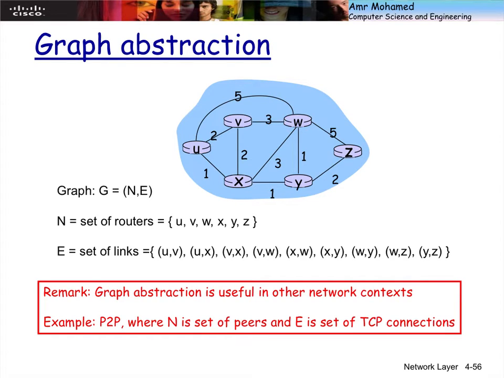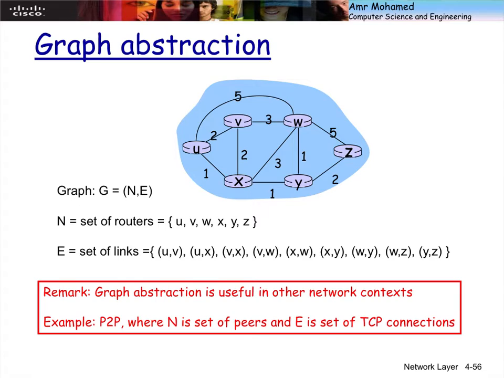So that's the route end to end. And of course, for routing, we need to have the path with the lowest cost. Okay. So the best way to do that is using some graph abstraction.